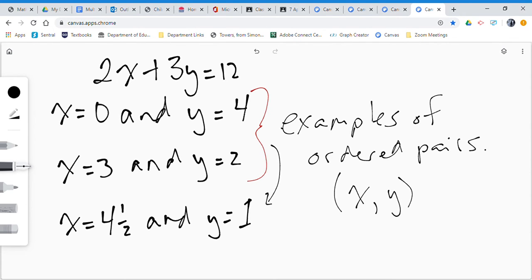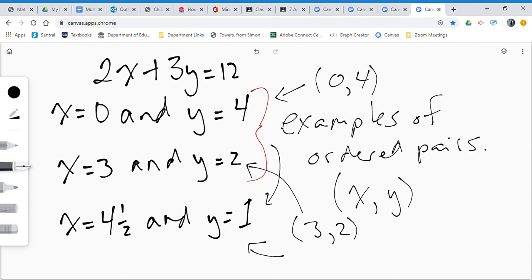I'd write this first example as (0, 4), this one as (3, 2), and this one as (4 and 1/2, 1). You always use brackets and a comma to separate your x and y. Remember that the x term is always first and the y term is always second in an ordered pair.